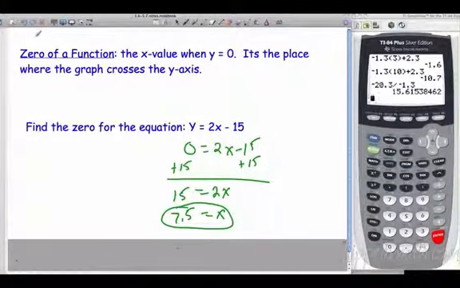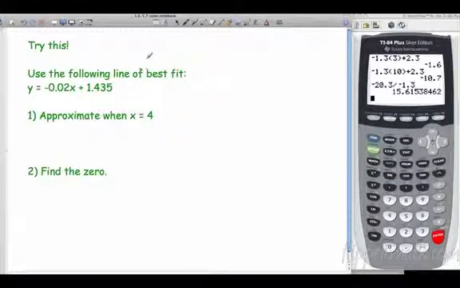That's pretty easy, so I want you to try this. Use the following line of best fit, approximate when x is 4, and find the zero. I'll pause it and come back in a sec. All right, here we go. So approximate when x equals 4.